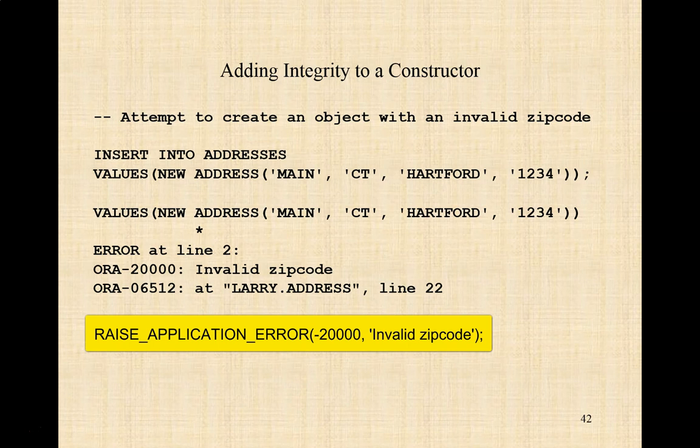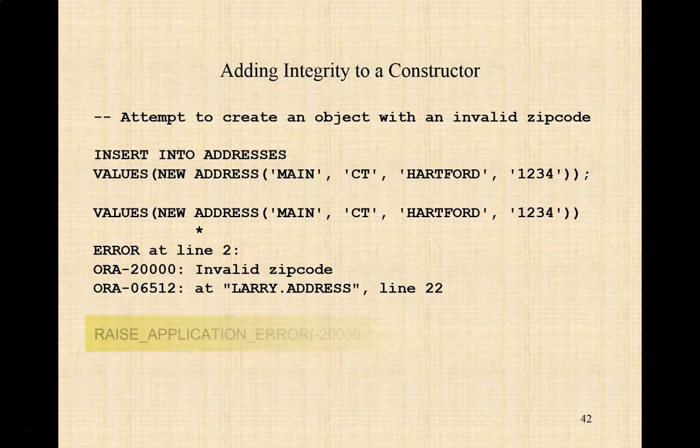So if you're not acquainted with the use of raise application error, what happens is when we throw that exception by invoking raise application error, the message appears to have been generated by the Oracle database system. It has an ORA error number, and we can handle this just like any system-generated error.